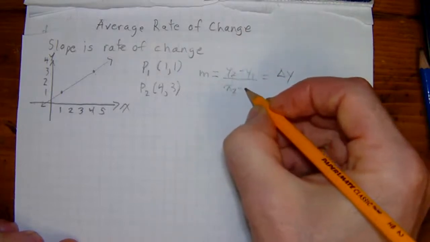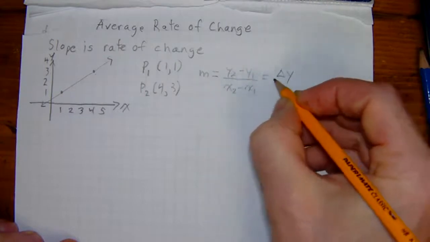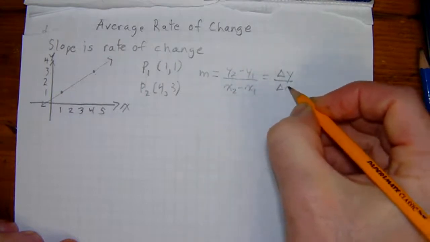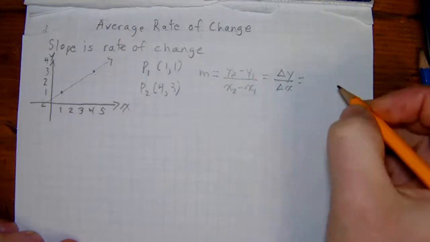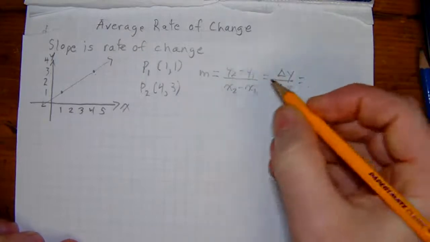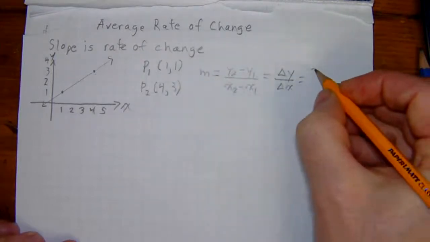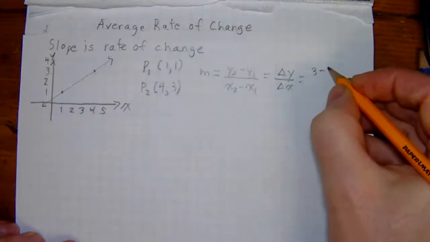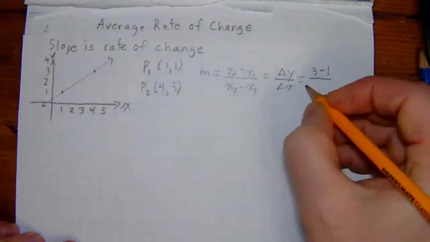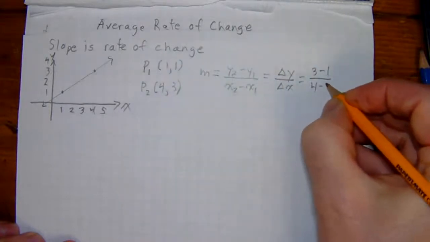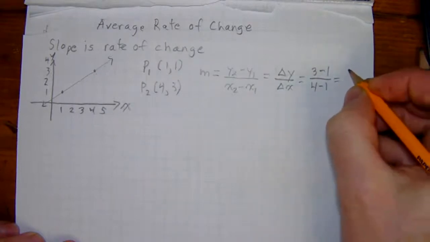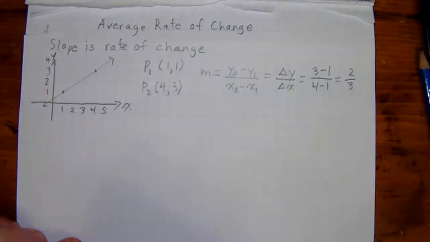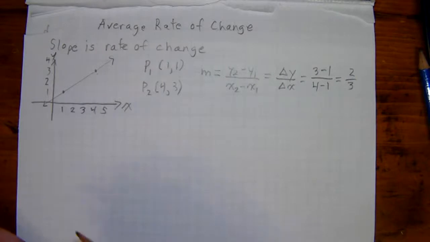And in the denominator, we have x2 minus x1, and this is sometimes written delta x, or change in x. And then if we plug in the values, y2 is 3, y1 is 1, x2 is 4, x1 is 1, and we do the subtractions, we end up with a rate of change of 2/3.